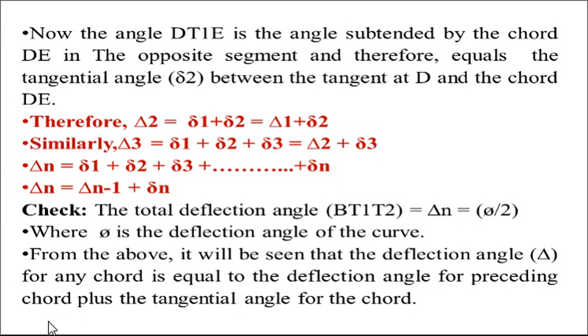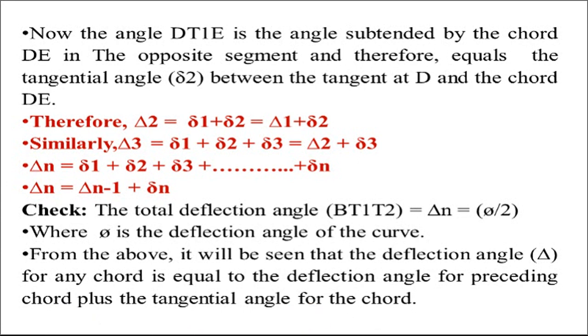From the above, it will be seen that the deflection angle capital delta from any chord is equal to the deflection angle for the preceding chord plus the tangential or deflection angle to that chord.